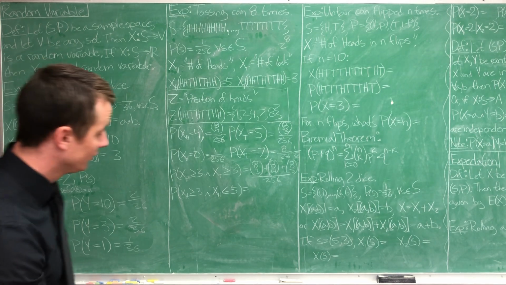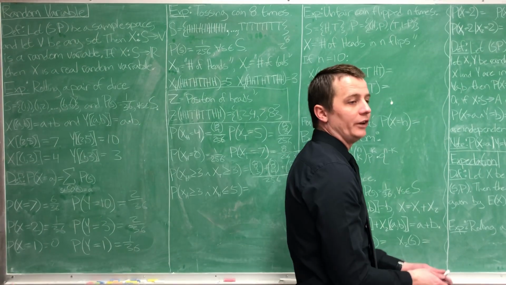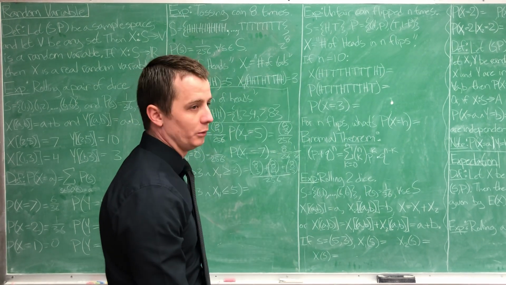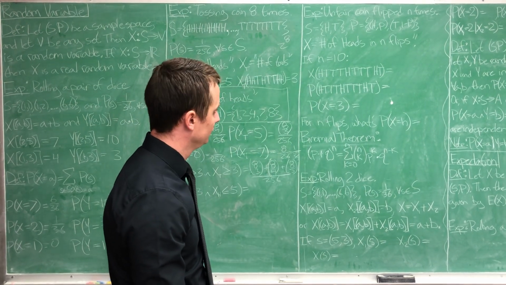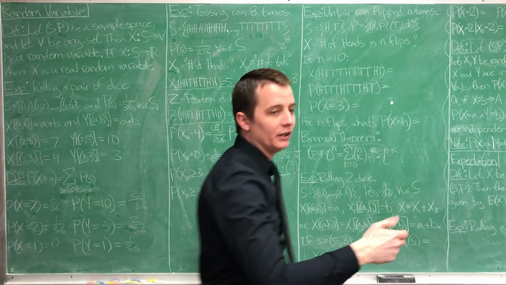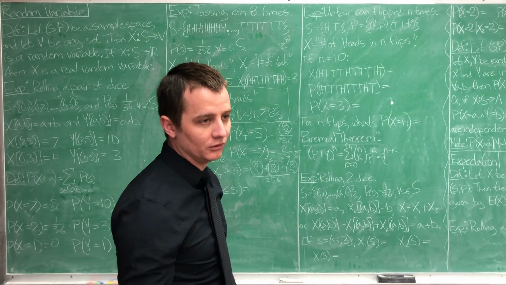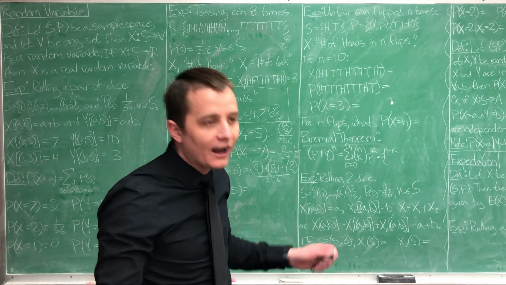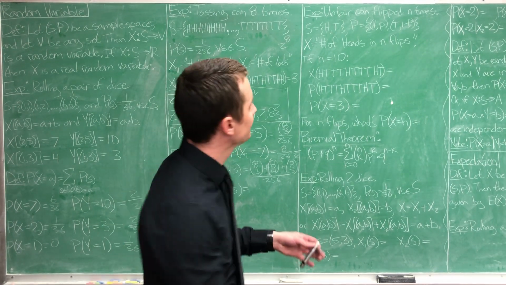Okay, so now we're talking about flipping an unfair coin. We're going to get to binomial variables, but we won't talk about distributions. We're flipping the coin n times. What do we mean by an unfair coin? It's not exactly 50-50, right?